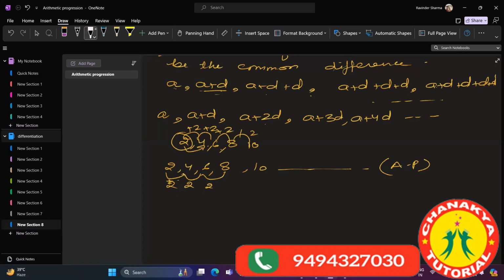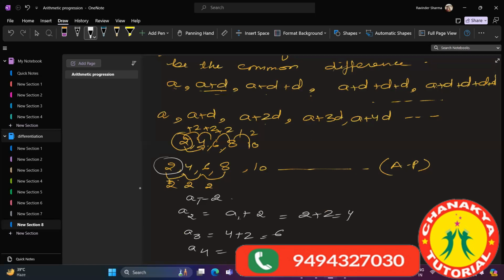Yes, ma'am. Now, children, this is your first term, A is equal to 2. The common difference is also 2. When you add 2 to the first term, you get the second term, 2 plus 2, 4. Then the third term will be 4 plus 2, which is 6. Then the fourth term will be 6 plus 2, 8.